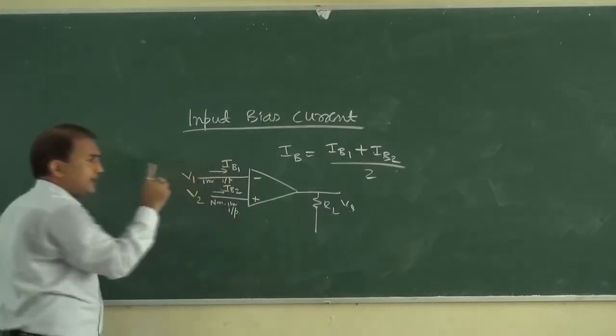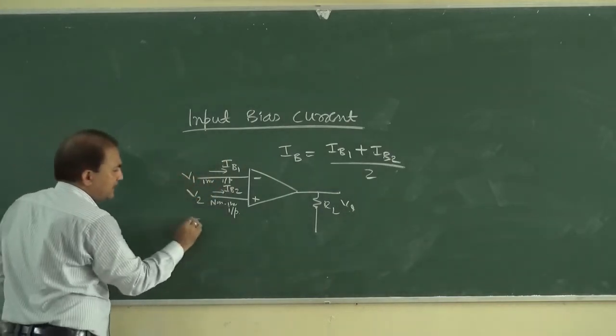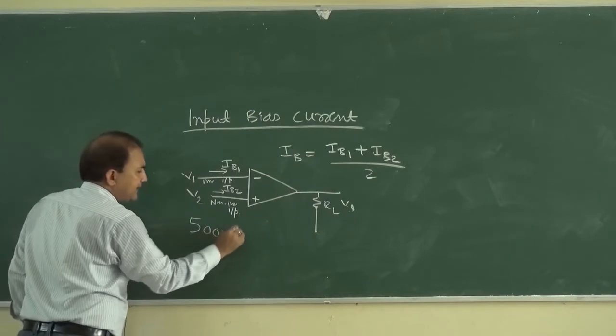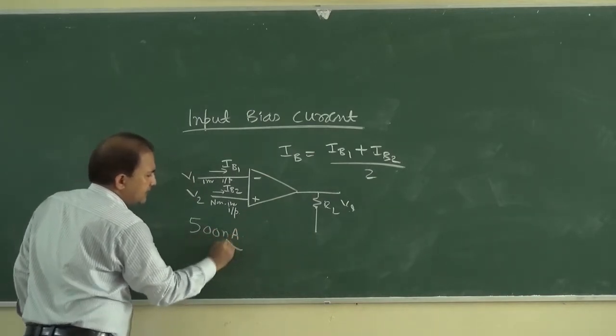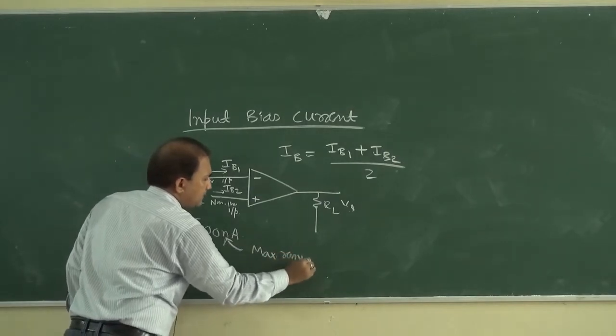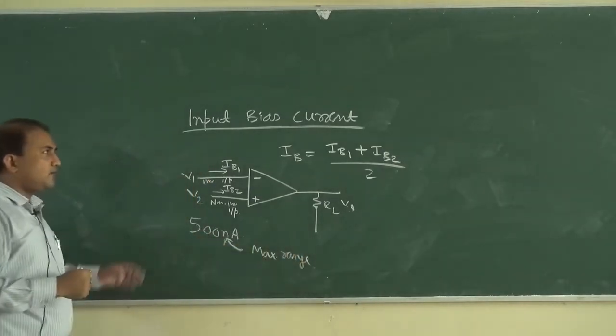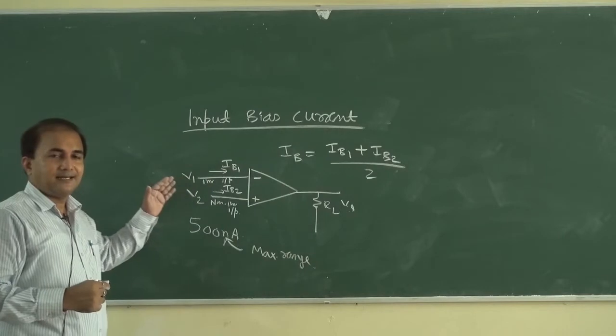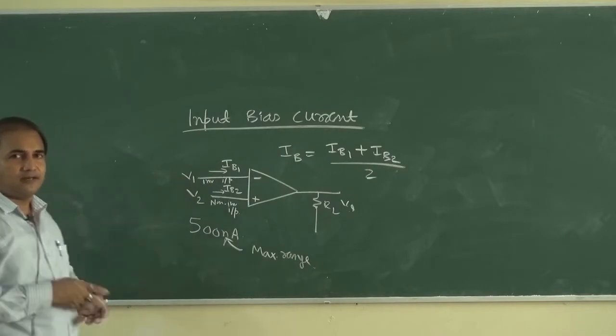Its maximum value in IC741 is 500 nanoampere.